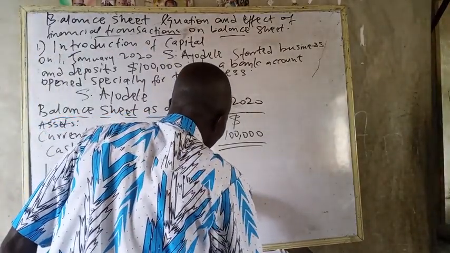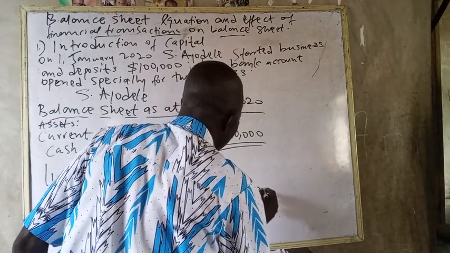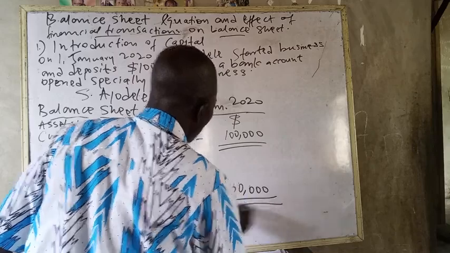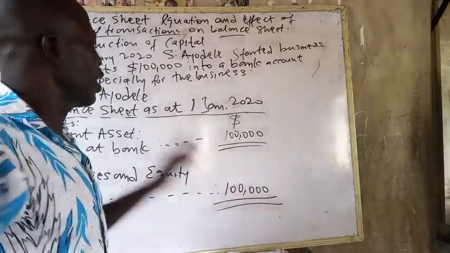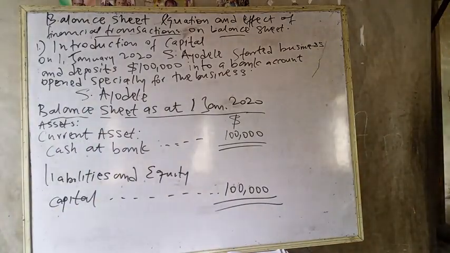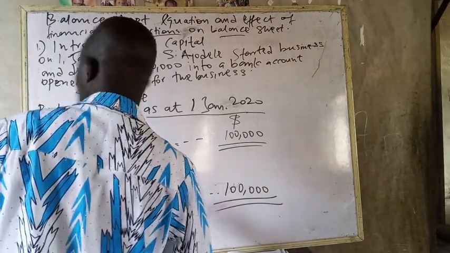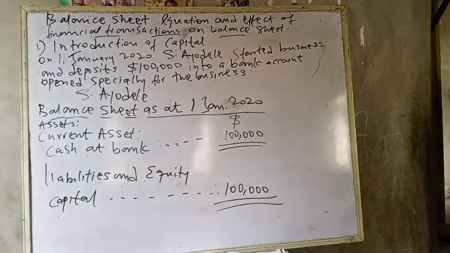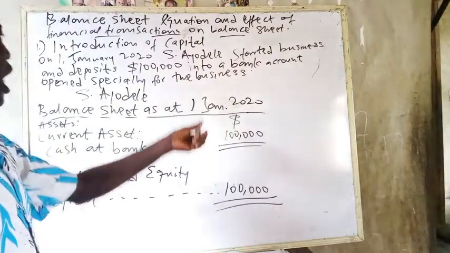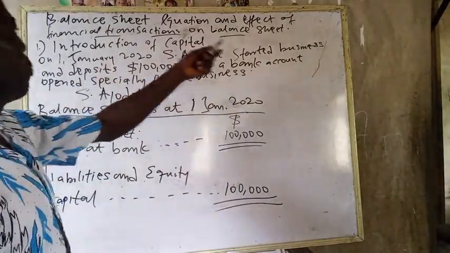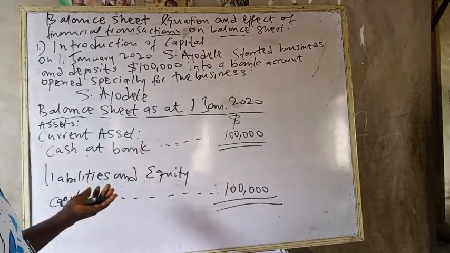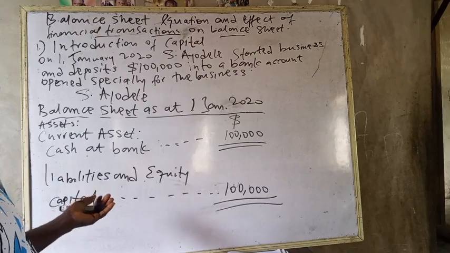That is still 100,000. So you close the two. You can see that asset equal capital. Like I told you, it is either asset equal capital or asset equal liability plus capital. So we go further. That is the end of this financial transaction. In this financial transaction, you deposited money into a bank account. It involves two entries.